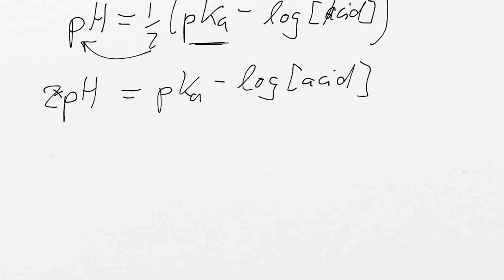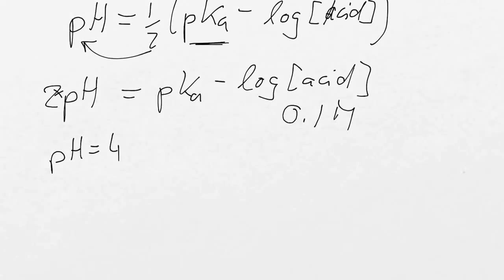Let's say I have a 0.1 molar acid concentration, and I measure a pH of 4. What is my pKa?